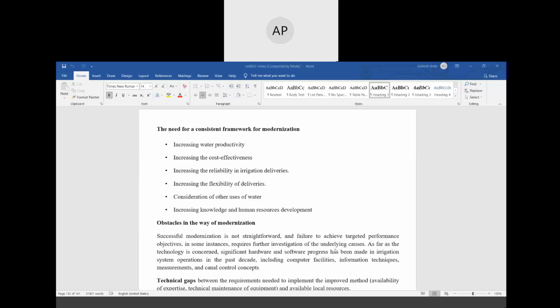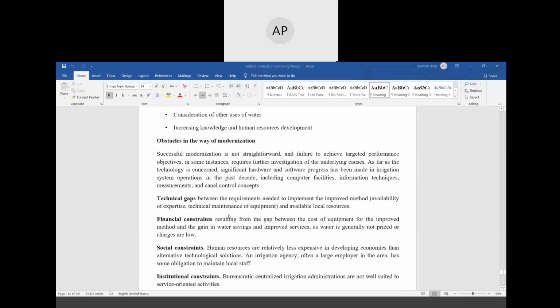Significant hardware and software progress has been made in irrigation system operation in the past decade, including computer facilities, information techniques, measurements, and canal control concepts. Technical gaps exist between the requirements needed to implement the improved method, availability of expertise, technical maintenance of equipment, and available local resources.